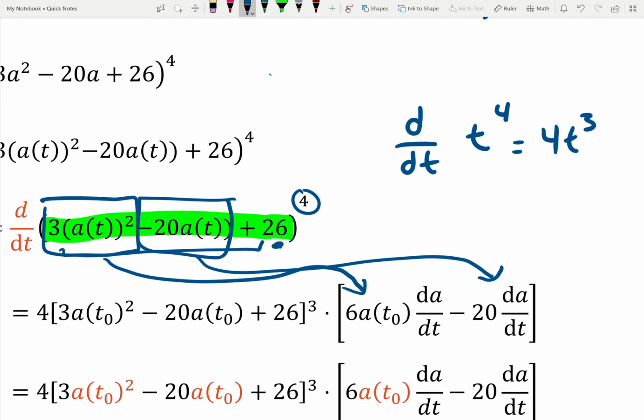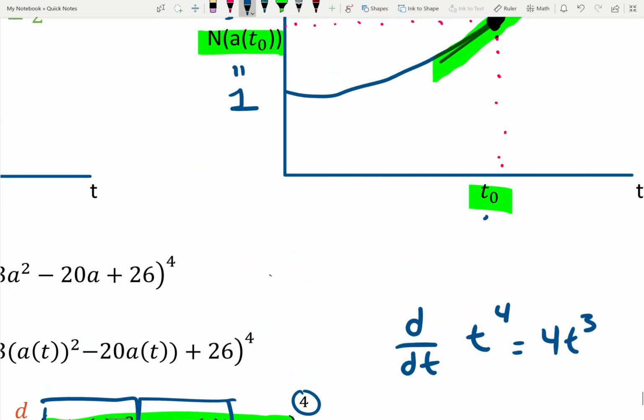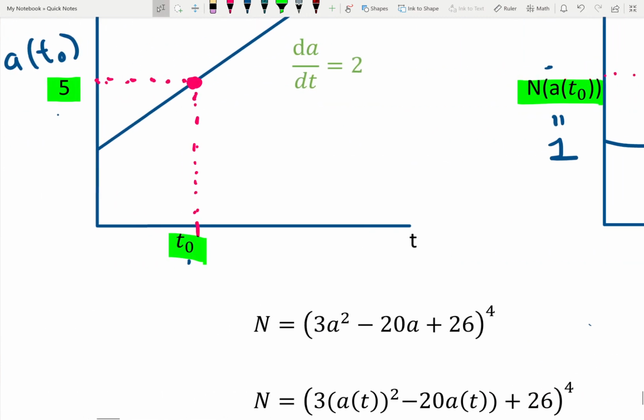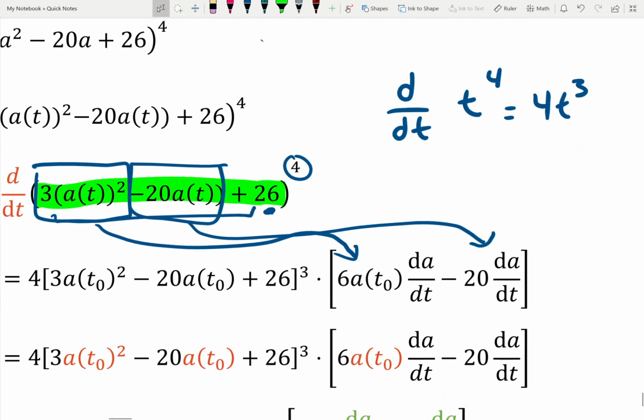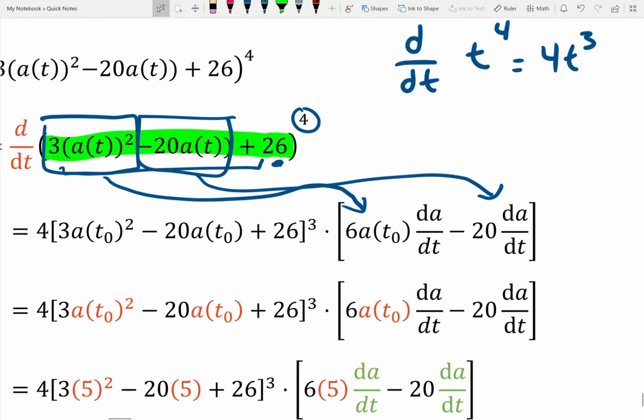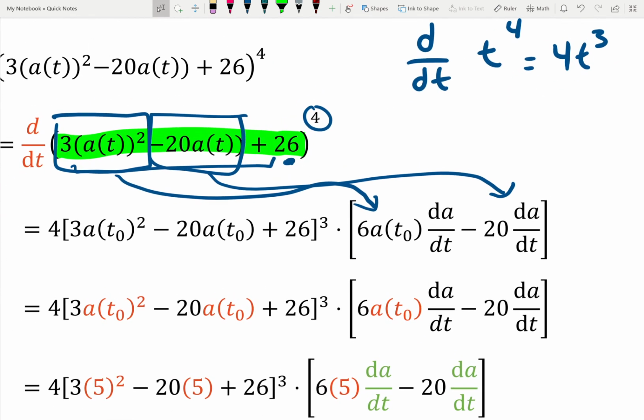So what we're going to do now is we have this huge equation, and we're going to fill in the things that we know. The first thing we know is a of T naught, right? We set up here that a of T naught is equal to 5. So everywhere I see a of T naught, I replace it with 5. And the other thing we know is dA/dt, the rate of change of the amount of algae.